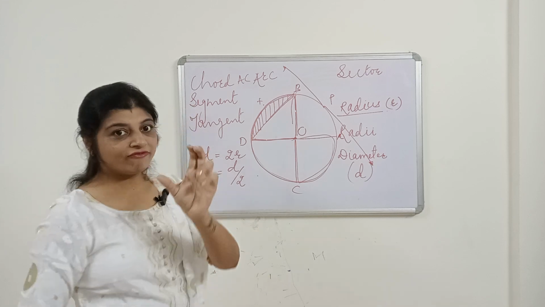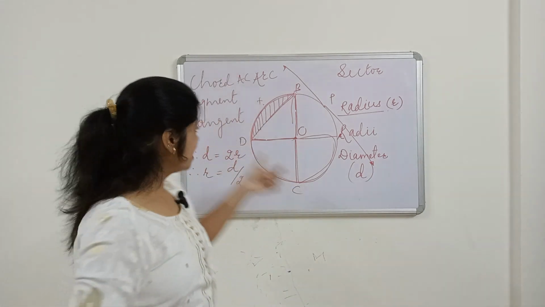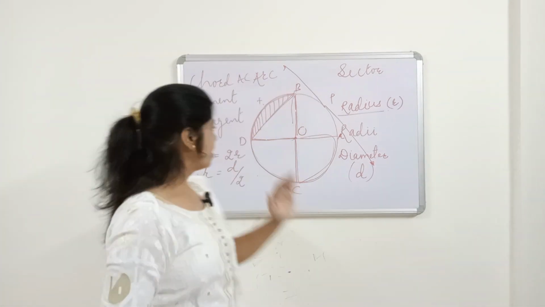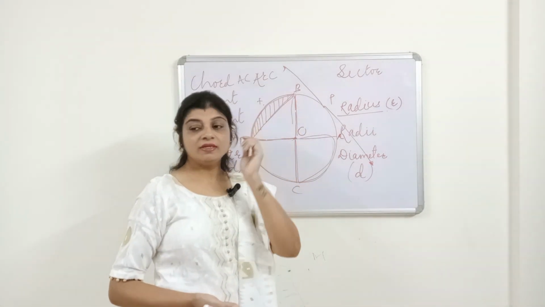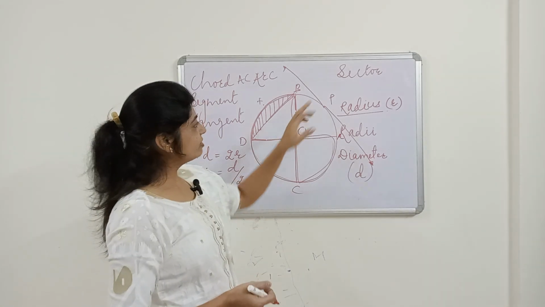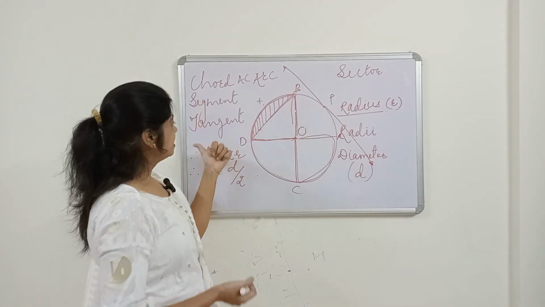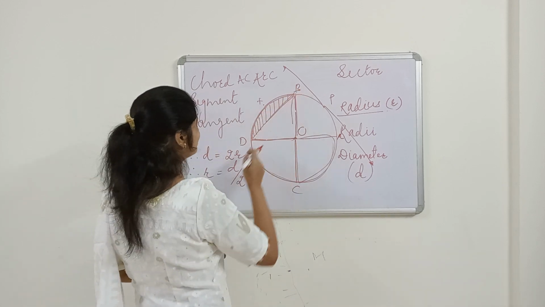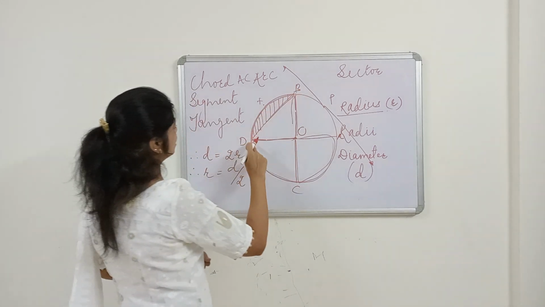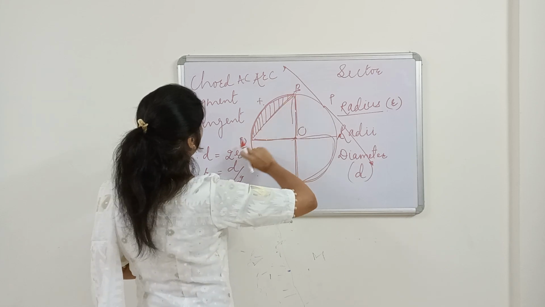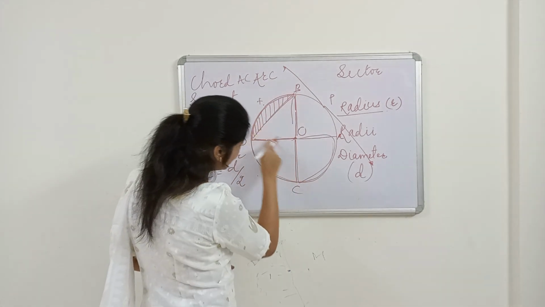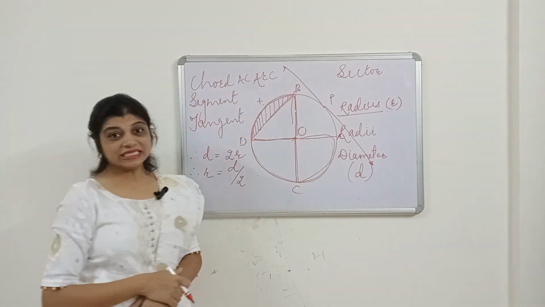A segment is a well-defined line segment which is always in the interior of the circle. A tangent is a line in the exterior of the circle and always intersects the circle in a single point. A segment has 2 points. A chord and an arc make a segment. A segment plus this portion makes a sector.